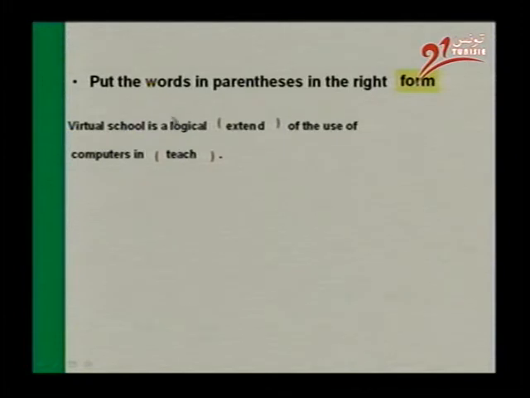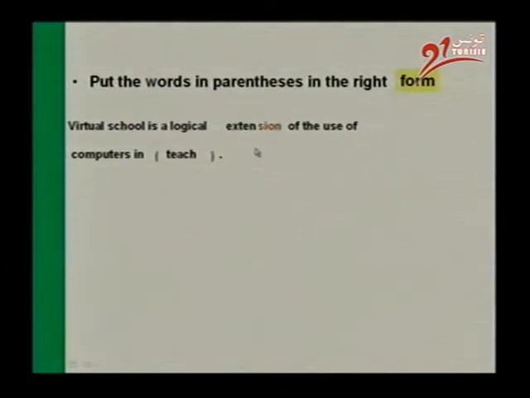When I say logical, this is an adjective, and here we have an article, so I need a noun. Which means a, and the derivation of the word extend as a noun is the following, a logical extension, by adding the following suffix.